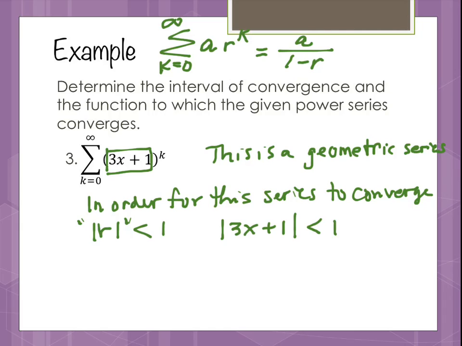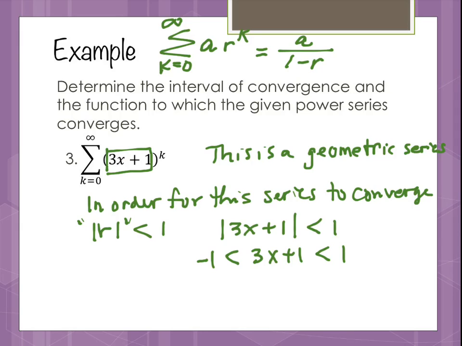That's not quite as clean solving as the first one I did, but it still happens the same way. First thing I do is make what I called a triple inequality: negative 1 is less than 3x plus 1 is less than 1. What would I do to solve this? Somebody say it so we can do it.